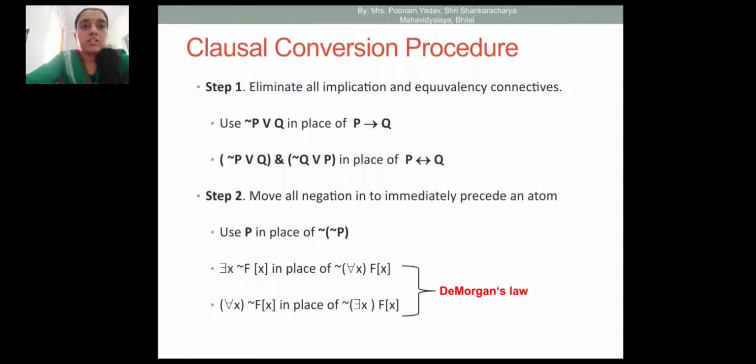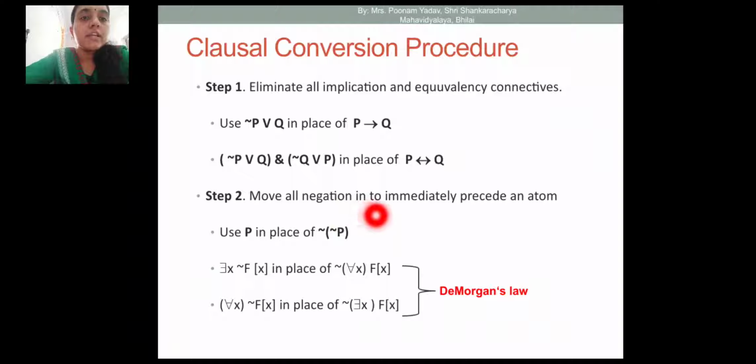Here is the clause conversion procedure. In step 1, we eliminate all the implication and equivalence connectives, using not p or q in place of p implies q. So in place of p implies q, in the first step we remove the implication sign and double implication sign.